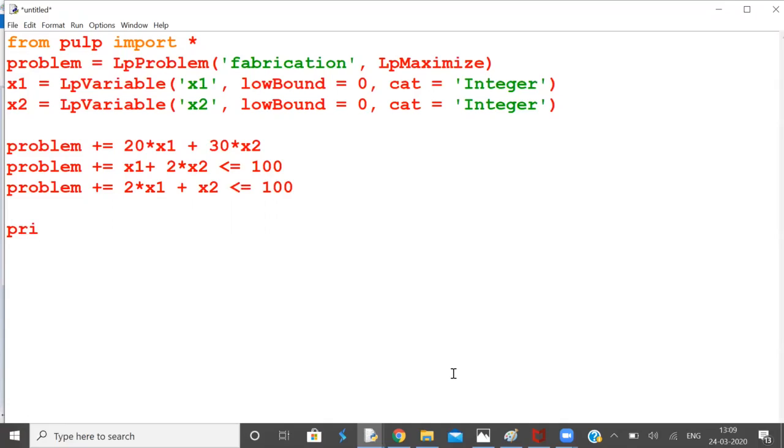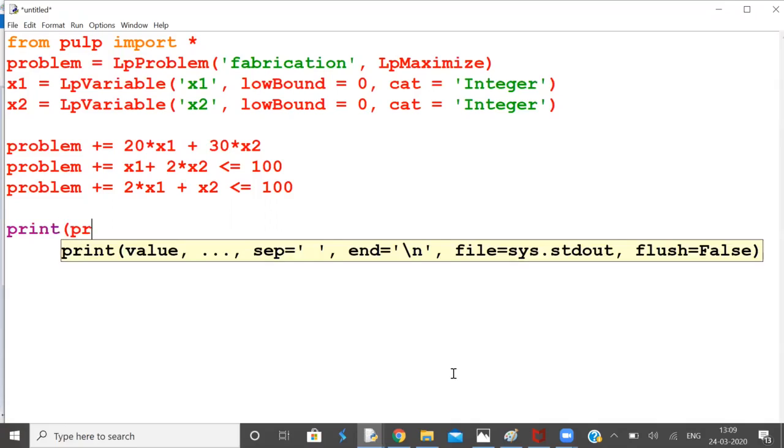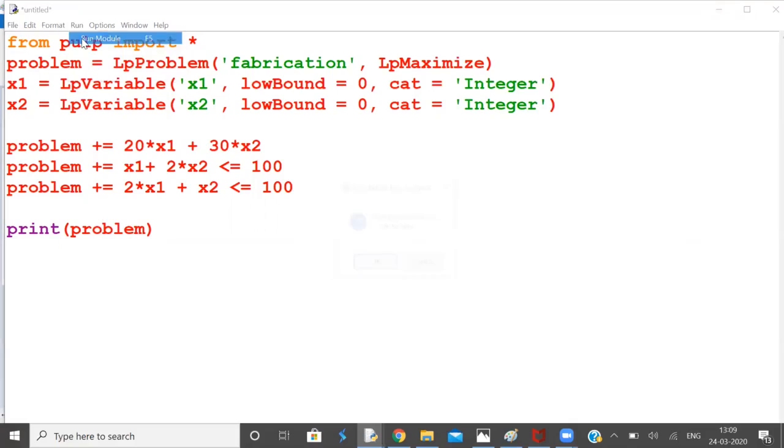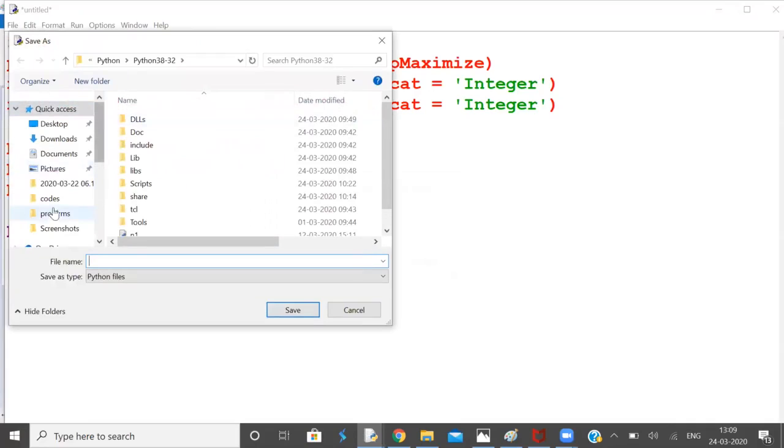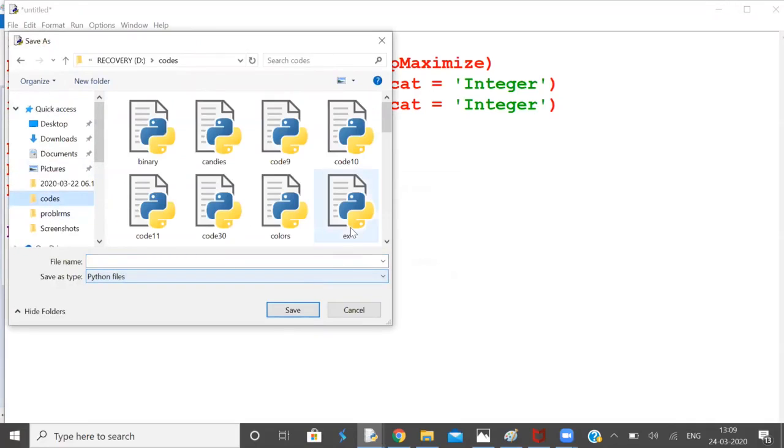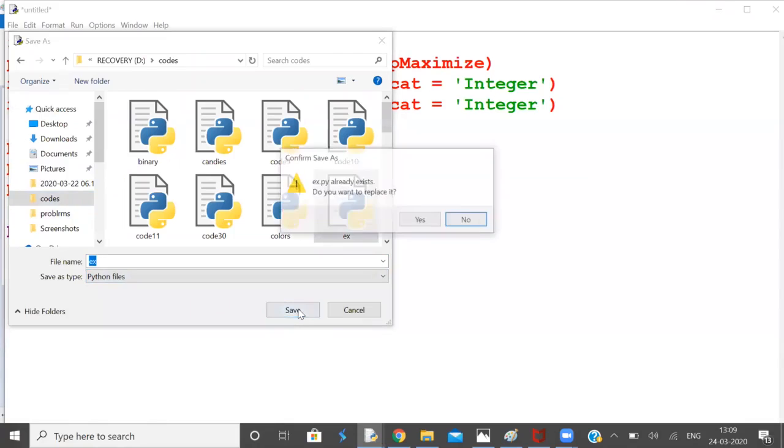So print problem. Let us see whether the problem is created or not. There is some spelling mistake. Let us correct it and run it. So save it and run it.